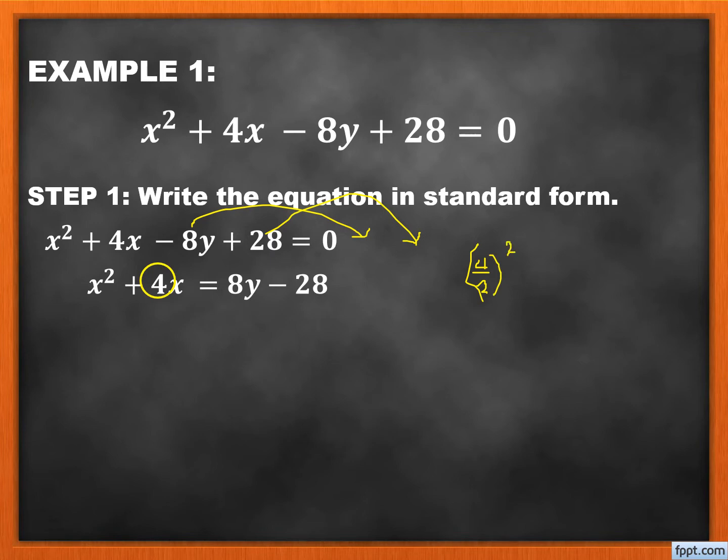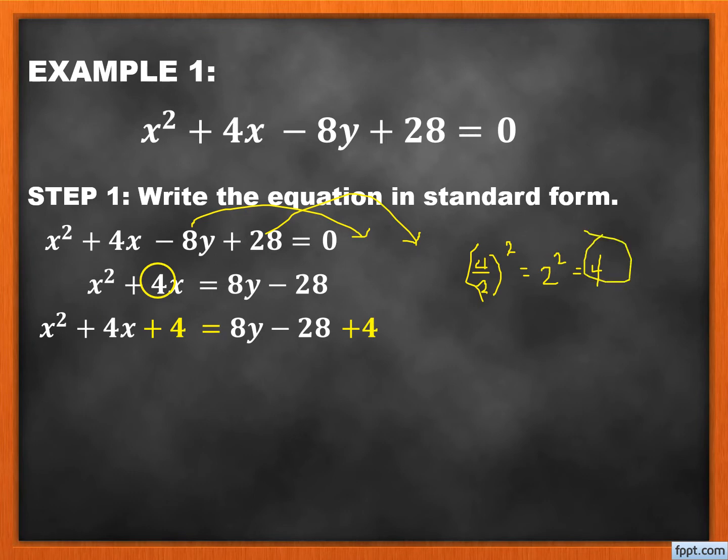So 4 divided by 2 is 2, and the square of 2 is 4. Then we're going to add that number to the left side and right side of the equation. Therefore, we have x squared plus 4x plus 4 equals 8y minus 28 plus 4.